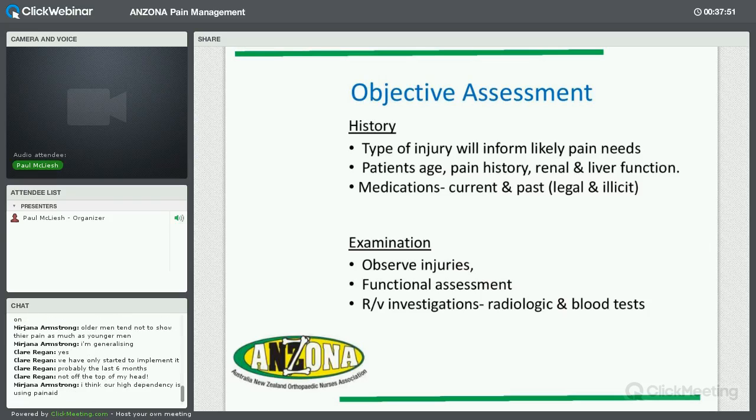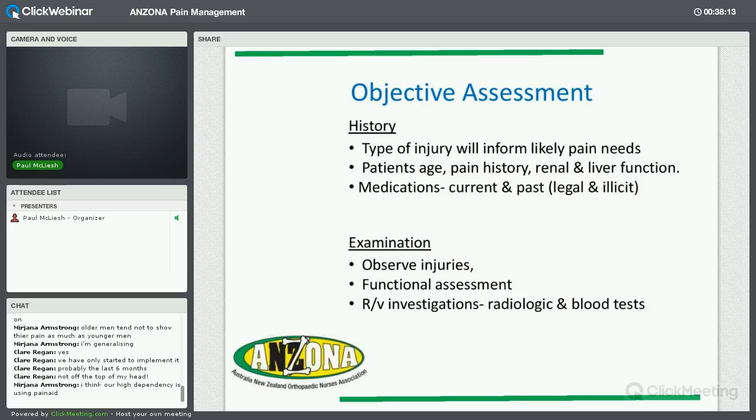So when we're assessing, PAINAD is another scale. There's quite a few of the scales. They're very similar in some ways, and that's probably a pretty common one as well, the PAINAD scale. When we're doing a normal assessment on someone's pain, we're looking at some objective assessments.